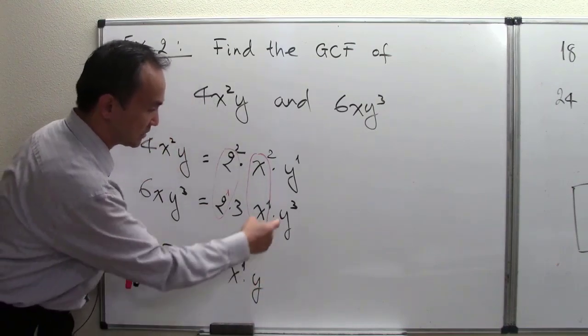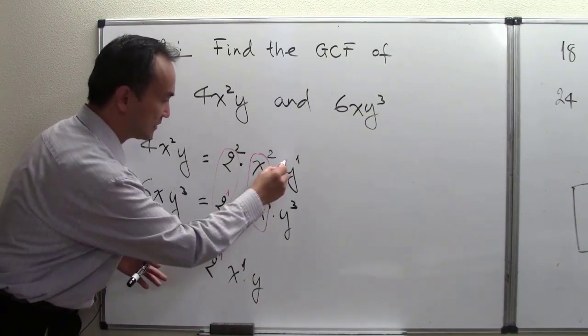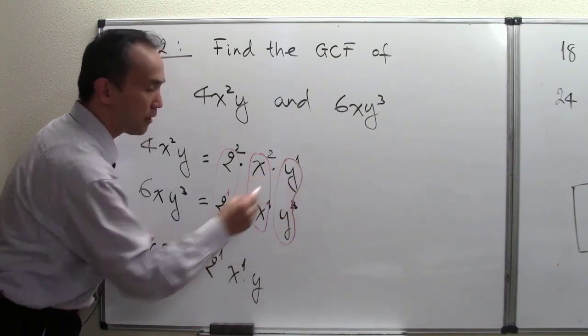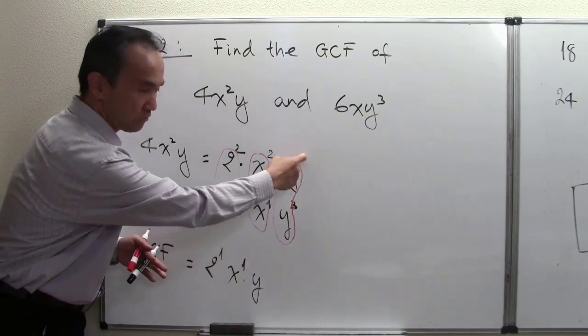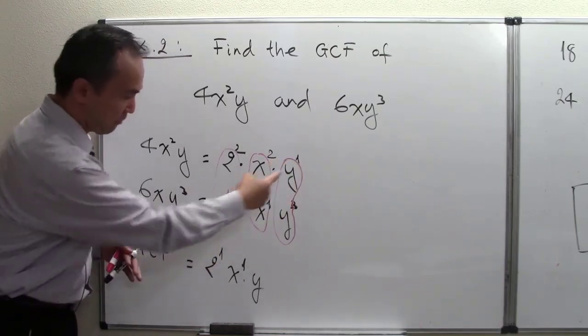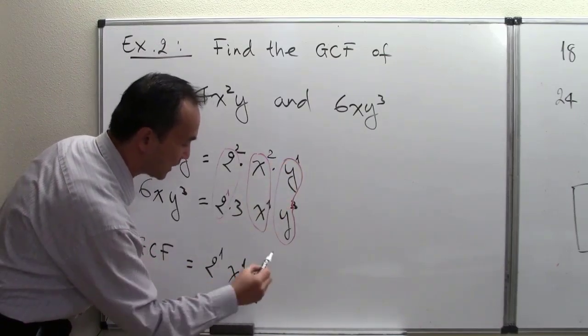Y is another common factor among the two with various powers, and 1 is the least power, so we put in y to the first power.